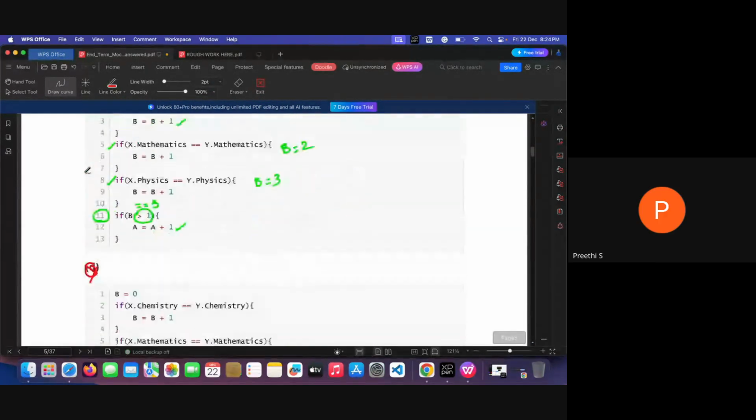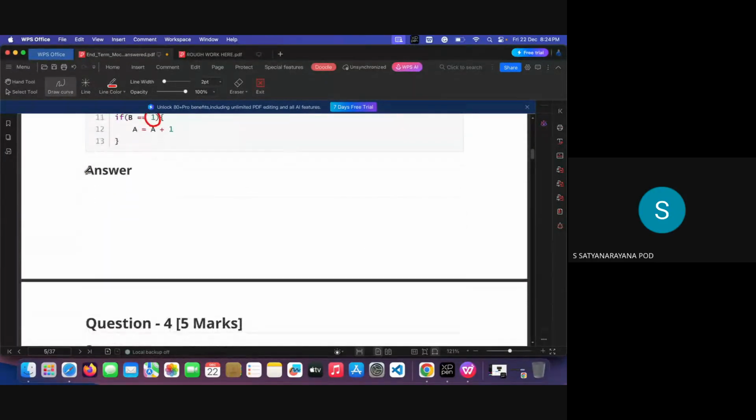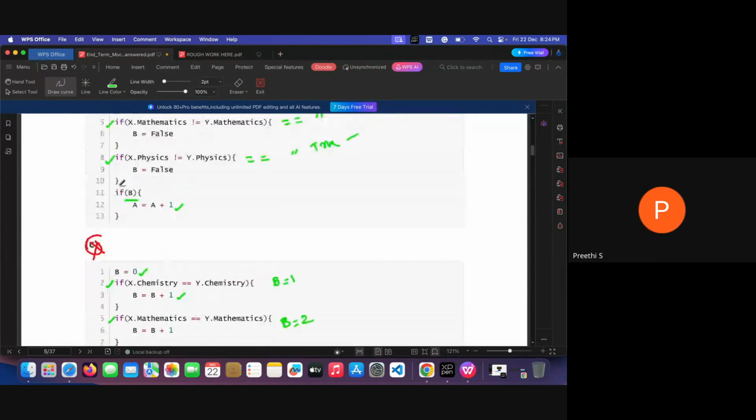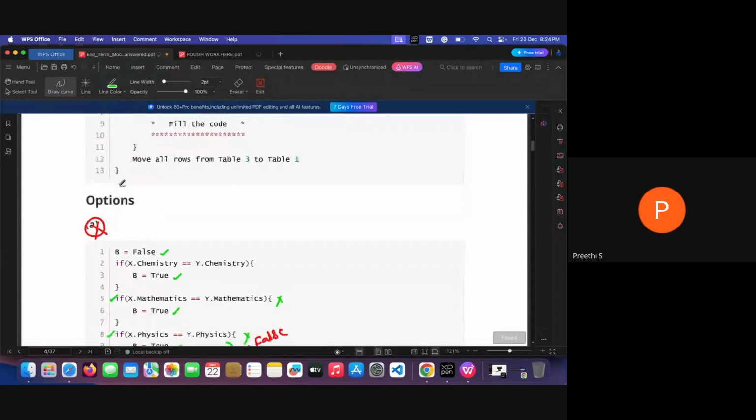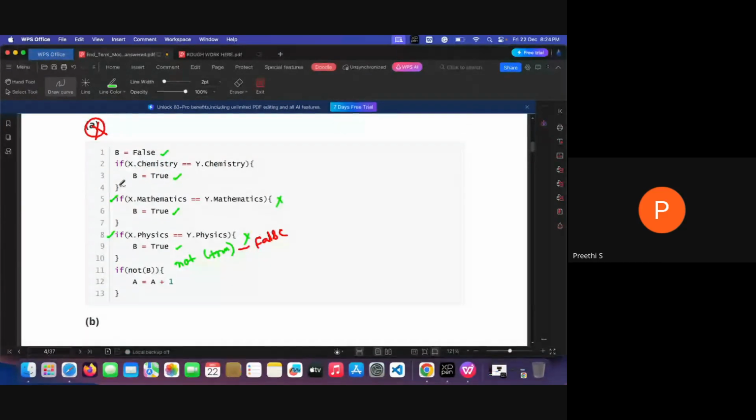Sir, I had a doubt in this. Yes, tell me. Sir, the option A that you were explaining, you said if not B. I was under the impression that if the condition comes, then inside the bracket it should come true. That means not B is equal to true means B should be false. Yes, exactly, correct.